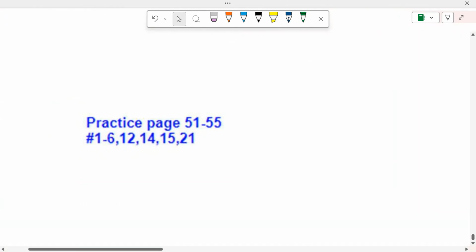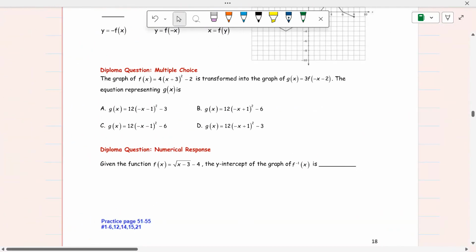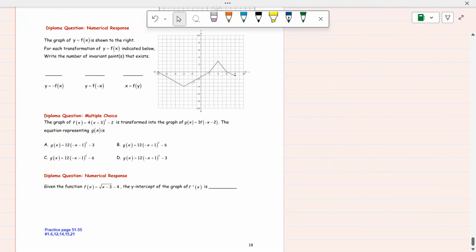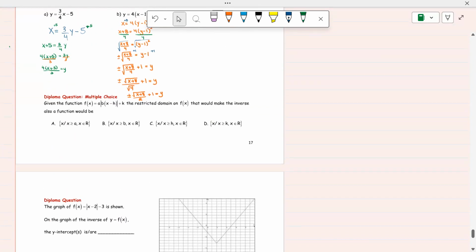Then go back and do those diploma questions that some of you skipped on yesterday's lesson, because we're going to go through those first. Then try these. By the end of class tomorrow, we'll go through all the diploma questions and check them to make sure you got the right answer, and then talk about the ones you might not have got. But do this first.